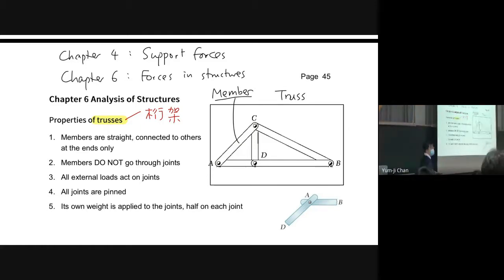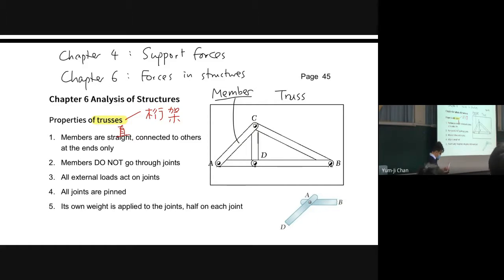Now, for the next point, how do we define trusses? The first one is: members are straight and connected to others at the ends only.